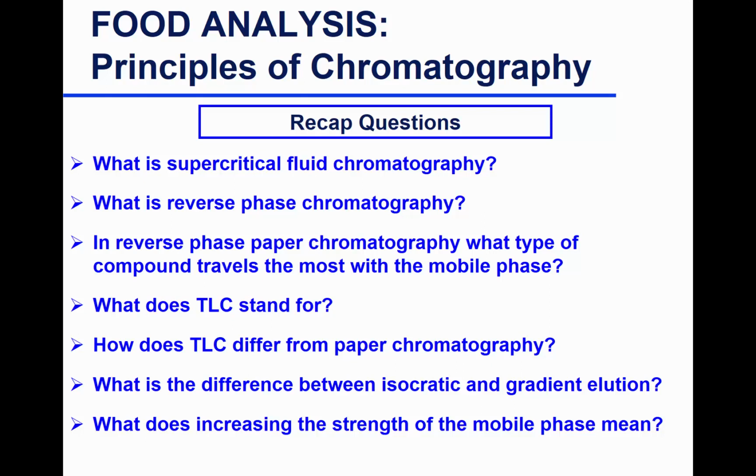It has several advantages because the fluid that we use is less viscous. So we reach equilibrium faster, elution is faster, resolution is better. And resolution is separation of the compounds on the column.